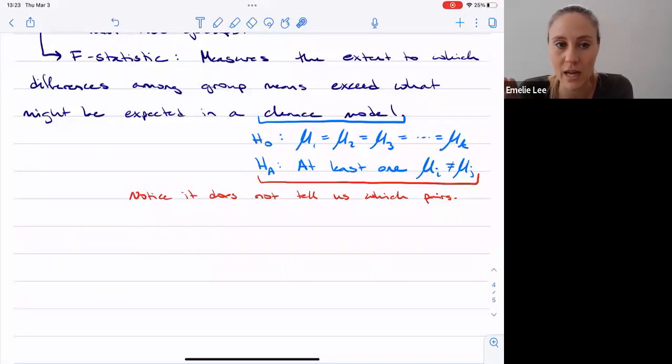Just doing that by hand is painful. You'd have to have the means, the pooled standard error. It's been a while, right? You would have to calculate all those for each of your groups, and it's just a lot of work if you were doing it strictly by hand.